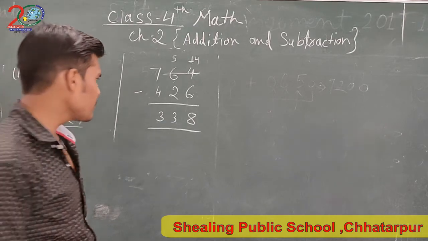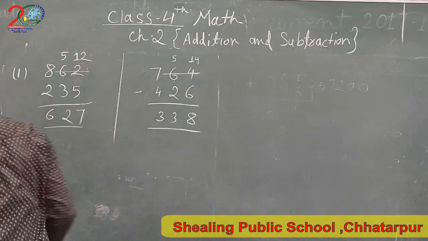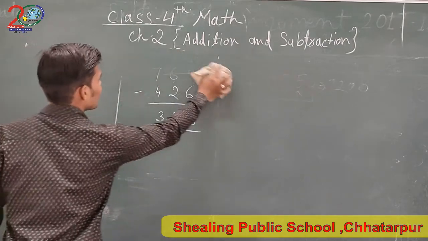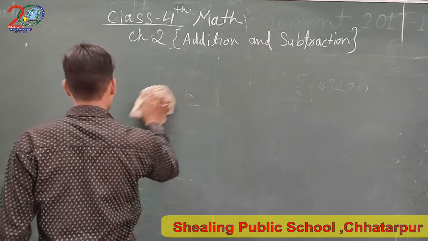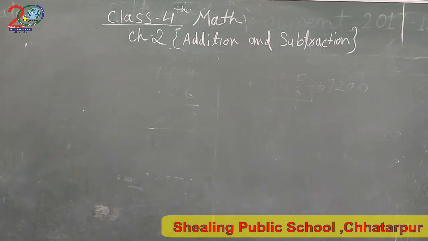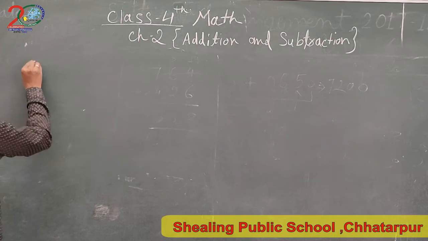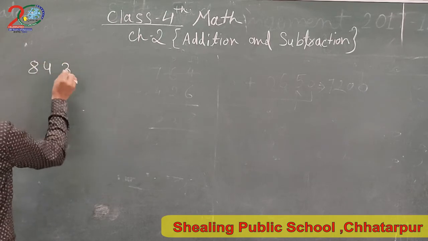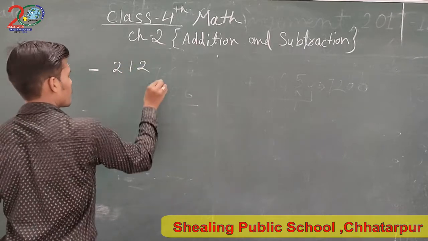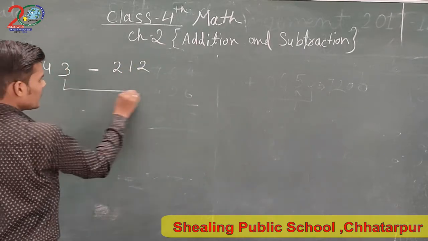Now horizontally subtractions. Horizontal subtraction also like this. That addition type, we explained the add in horizontal form. So here is the subtraction in horizontal form. Okay. Subtract horizontally. Now ones value is 3.